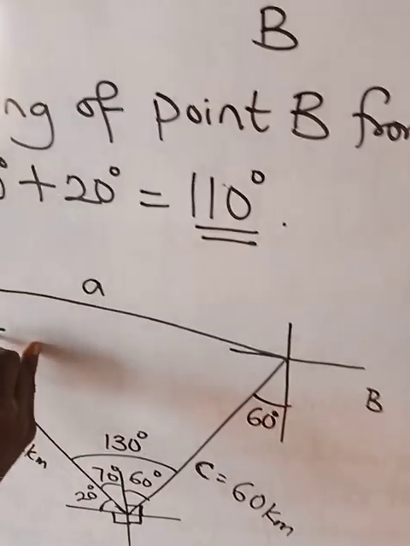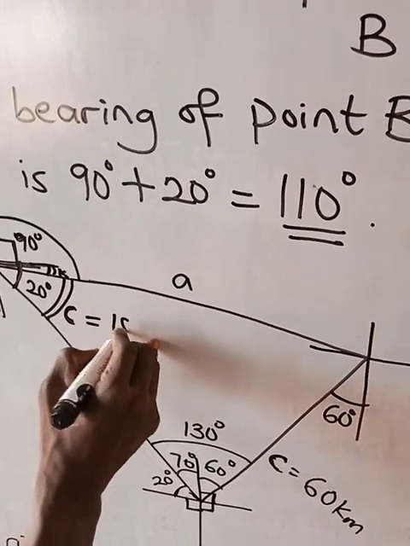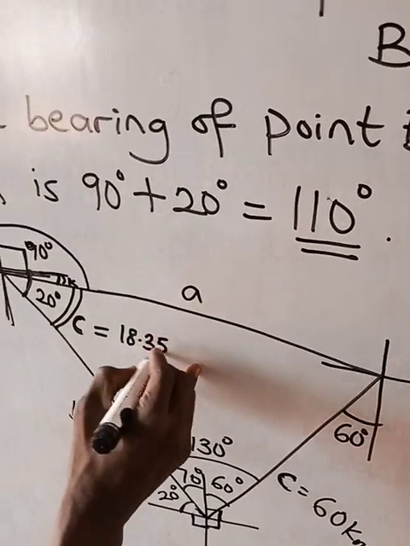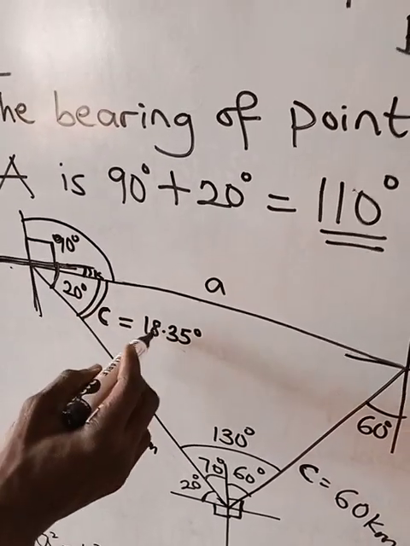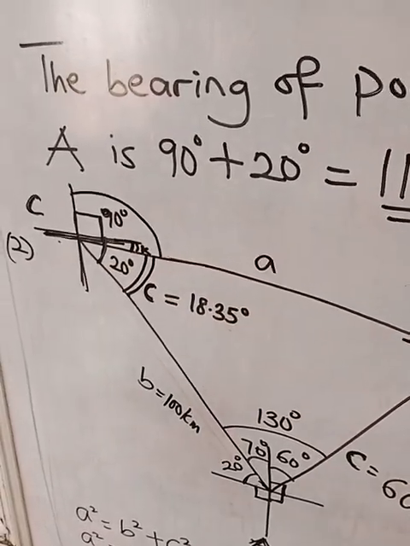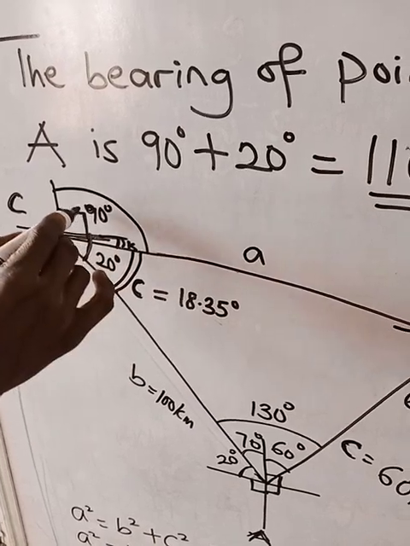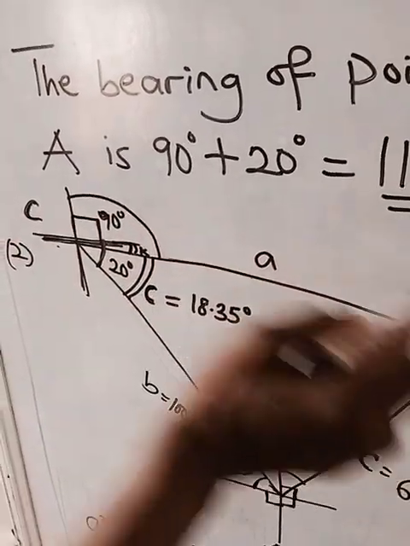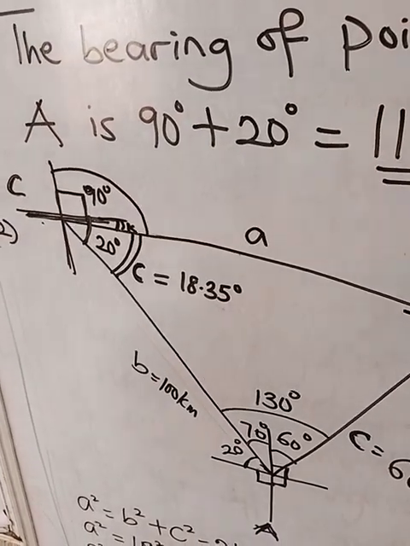Our angle C is 18.35 degrees. So you subtract this from 20 degrees, then you get our K. This K plus 90 forms the bearing of B from C. I hope you understand that.